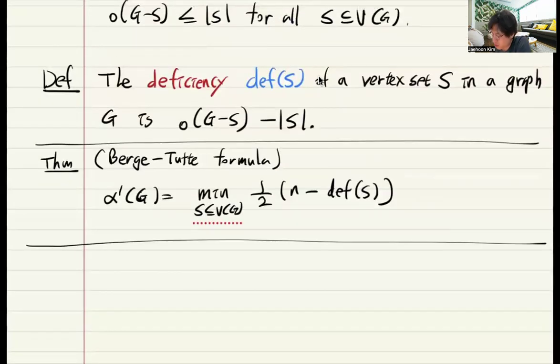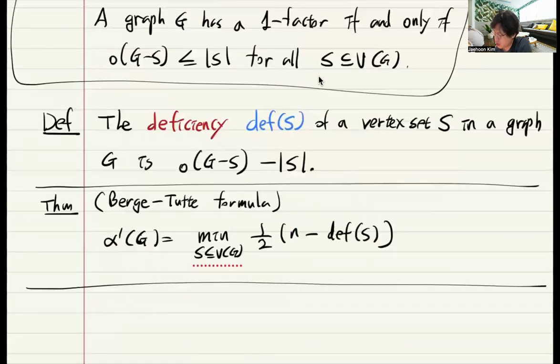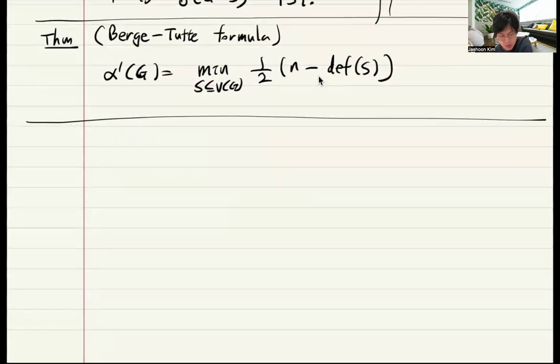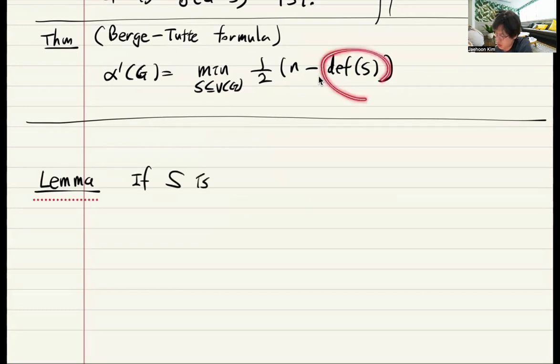As this Berge-Tutte formula is stronger than Tutte's theorem, Tutte's theorem is implied by the Berge-Tutte formula. So we only have to prove the Berge-Tutte formula. Before proving that, let's collect some lemmas. The first lemma is about the parity of this deficiency, which will be useful later for our proof.